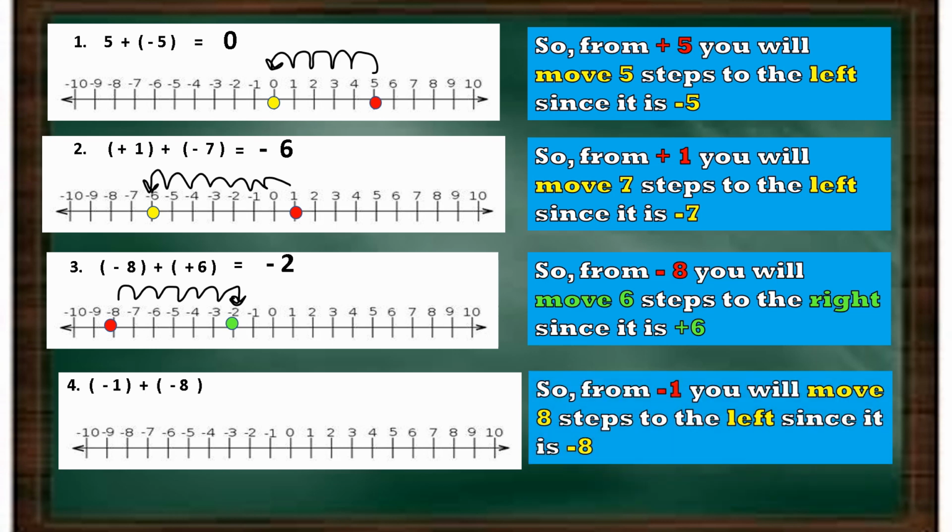Last item, number 4. Negative 1 plus negative 8. So from the base of our number line, which is negative 1, you will move 8 steps to the left since the second number is a negative integer, which is negative 8. So the answer of item number 4 is negative 9.